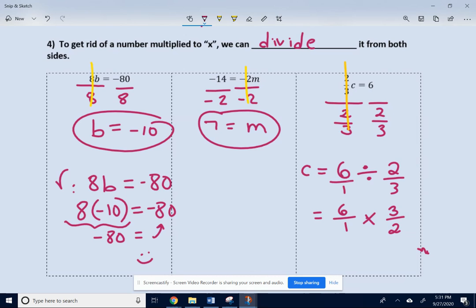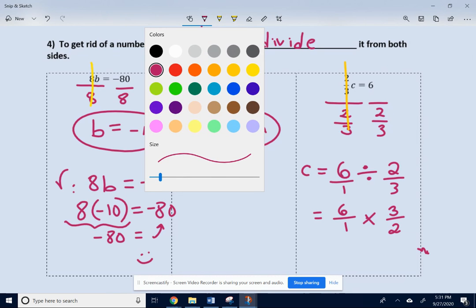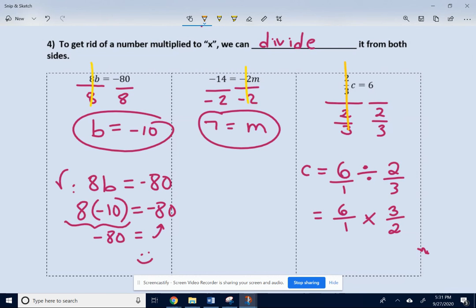Okay, 6 over 1 times 3 over 2. You could just go ahead and multiply the tops and the bottoms, but I'm trying to get you guys to get used to cross-reducing if you can. And the 6 and the 2 do reduce. You can divide 6 and 2 both by 2. 6 divided by 2 is 3, and 2 divided by 2 is 1.